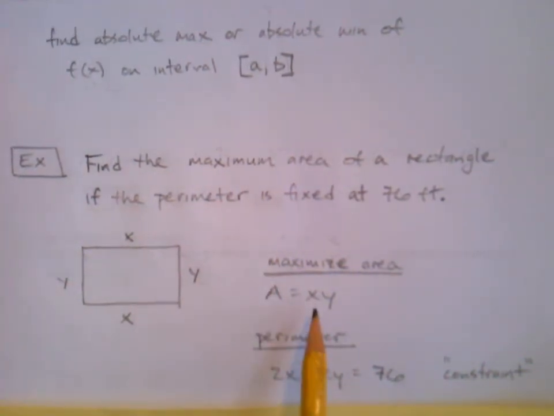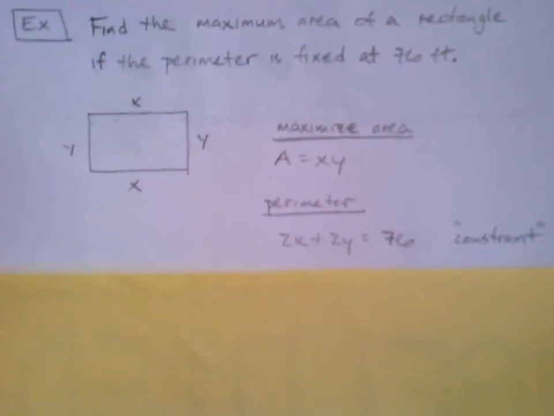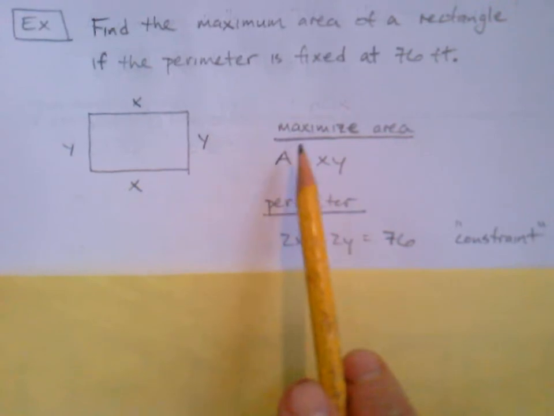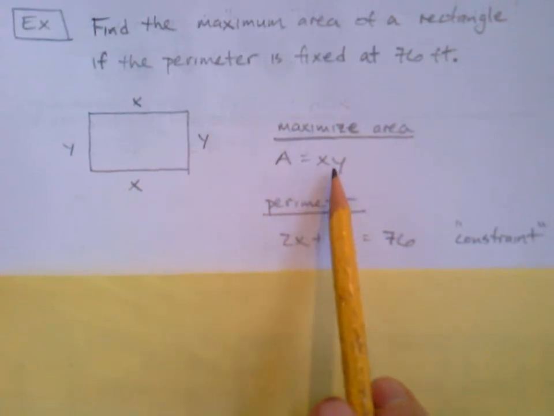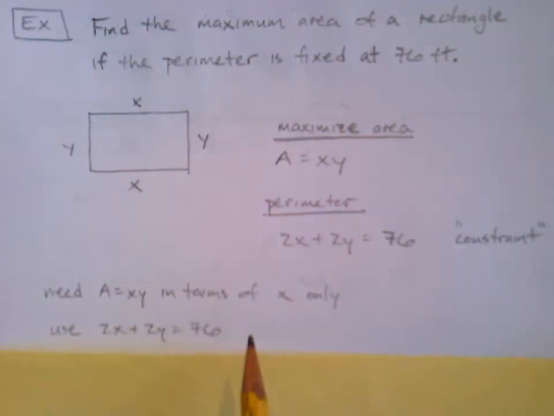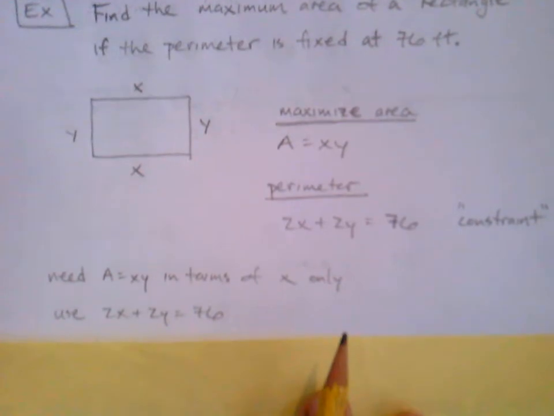We need our function to only have x, and then we're also going to have to come up with an interval. So how can we rewrite this area formula so that it only has x, not x and y? The key is we're going to take advantage of that constraint. We need A equals xy in terms of x only.